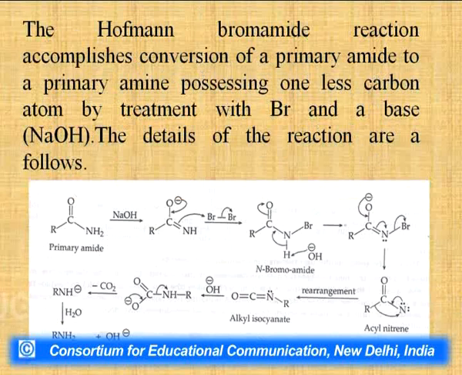The Hofmann bromamide reaction accomplishes conversion of a primary amide to a primary amine possessing one less carbon atom by treatment with bromine and a base. In the details of the reaction you can see that first of all the primary amide reacts with sodium hydroxide, then there is an addition of polarized bromine molecule, forming N-bromoamide, and there is a rearrangement via acyl nitrene to alkyl isocyanate, which on base hydrolysis followed by decarboxylation gives primary amines.